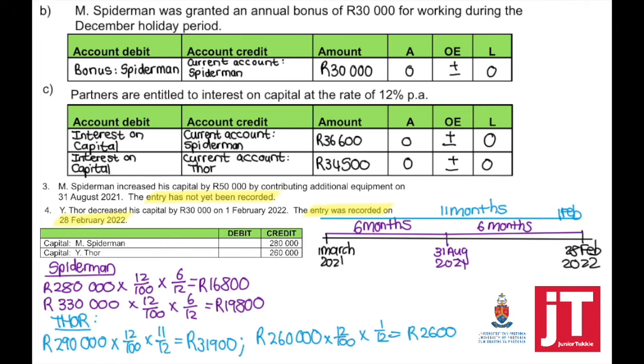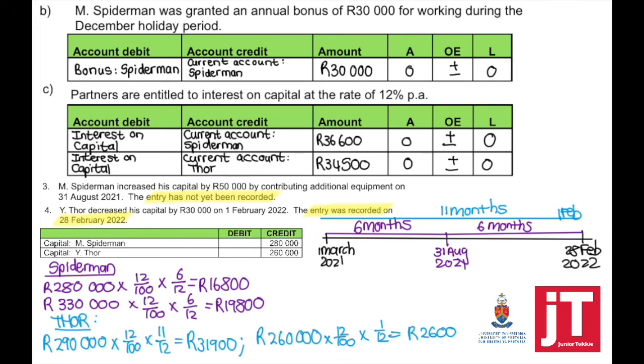To work out his balance, we have to take 290,000 times 12% times 11 over 12, and then 260,000 times 12% times 1 over 12. Very important: he decreased his capital. This means that his balance in the beginning of the accounting period is more.